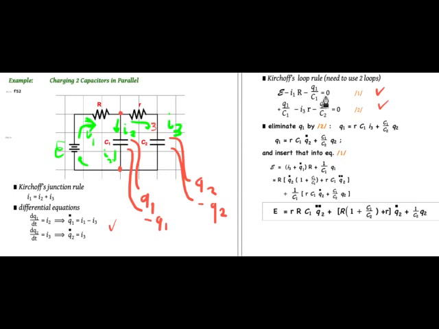Now I want I1 R. I1 is Q1 dot plus I3, using this equation. So I've eliminated I everywhere. I've replaced it by Q. So this I1 I've replaced by Q1 dot plus I3.